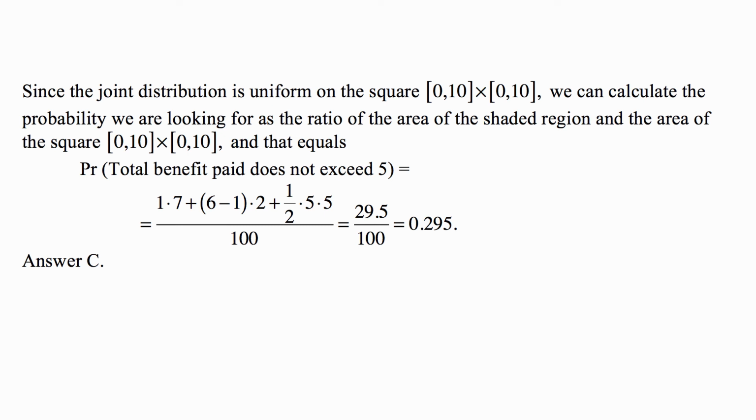So altogether, the area is 29 and a half as a fraction of 100. That's the probability we're looking for of that event, that total benefit paid does not exceed 5. And that's, of course, 0.295, which is answer C.